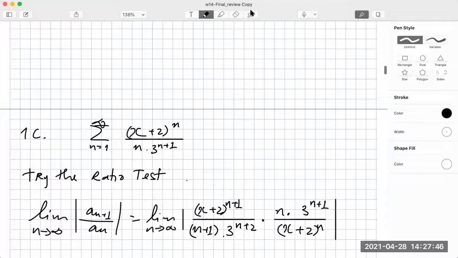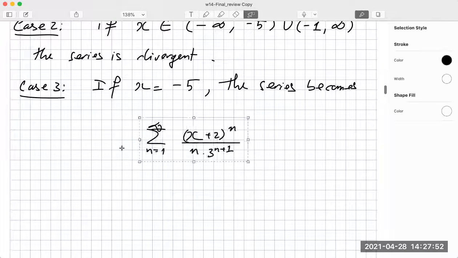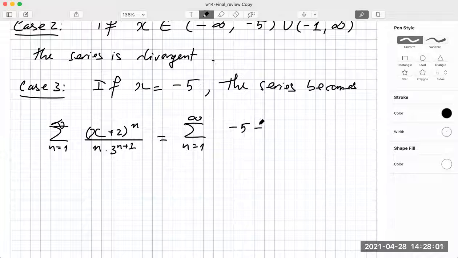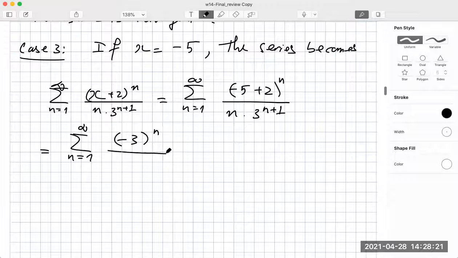We replace the value of x by negative 5, so it is (negative 5 plus 2) to the n over n times 3 to the n plus 1 here. And it is easy to see that this is also the series with (negative 3) to the n over n times 3 to the n plus 1, okay?